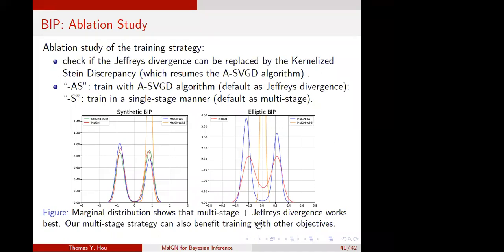There are also some other issues with ASVGD. Basically, there's no good guidance for the step size, and, just as you said, for the kernel width. So essentially, in high dimensional space, in some cases they are likely to face mode collapse.